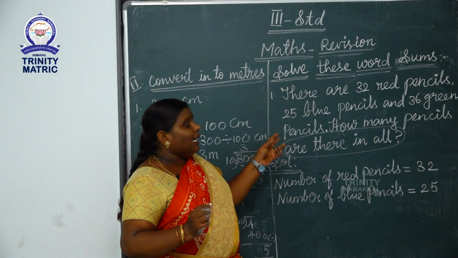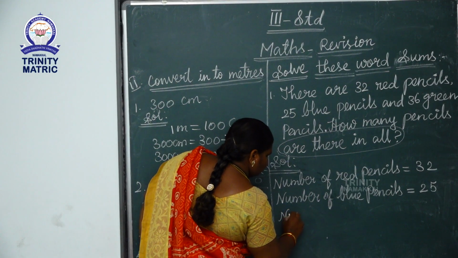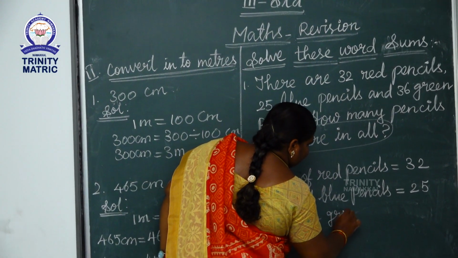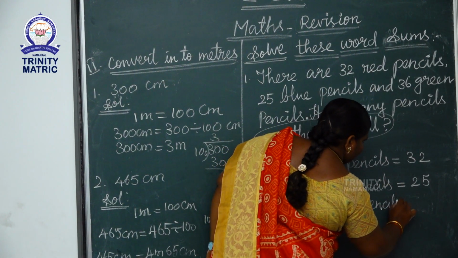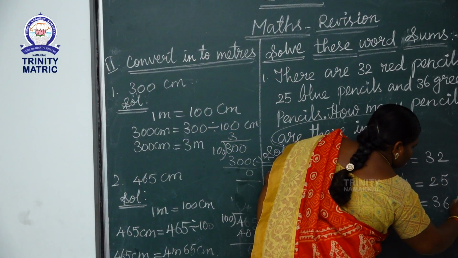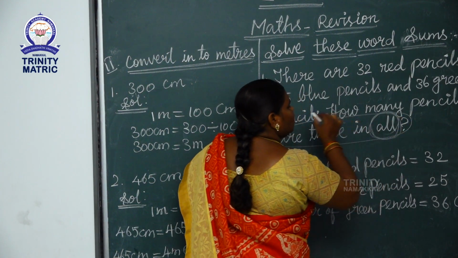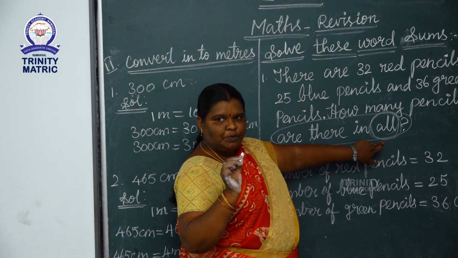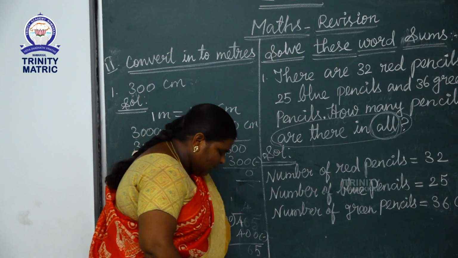Next, how many green pencils? Yes, 36. Number of green pencils 36. In all, you do the addition sum. Total number of pencils.